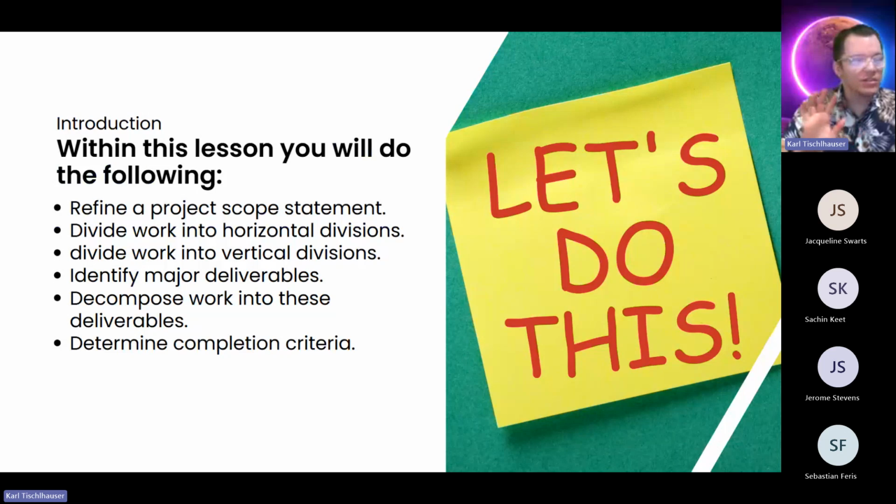And you also need to start using terminology such as deliverables. Deliverables are important. They literally take up an entire row on your WBS. And then at the end of this, we need to be able to determine a completion criteria. So what do we need to be done for this project to be considered complete? That's exactly what a completion criteria is.